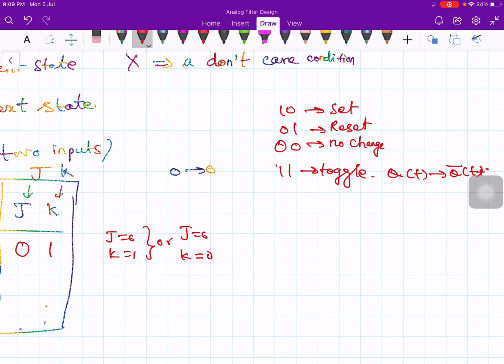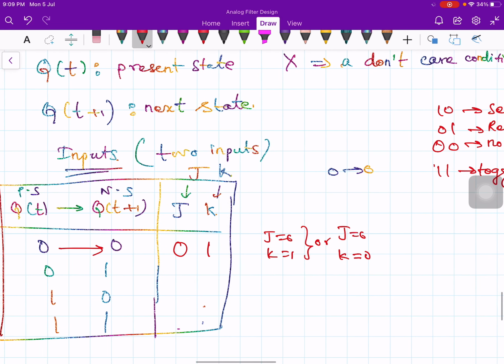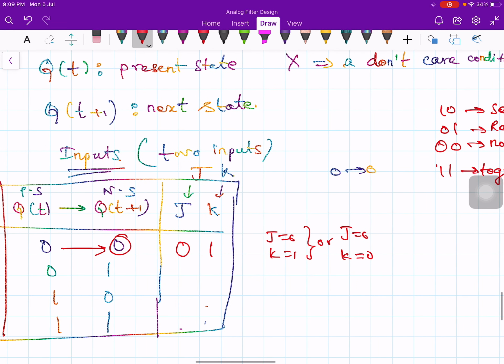No change means Q of t plus 1 is Q of t. Reset means Q of t plus 1 is 0. Set means Q of t plus 1 is 1. That's it, right? Now this 0 indicates that your flip-flop is reset. Reset means K must be 1 and J must be 0, no problem.